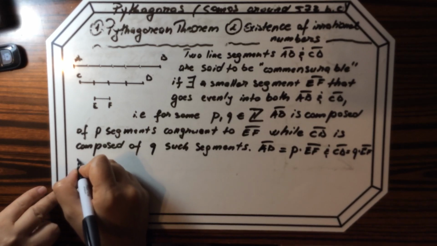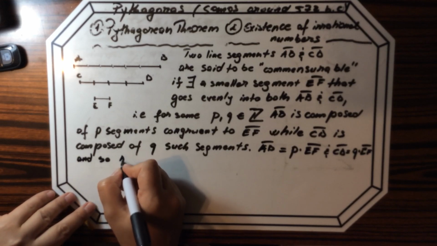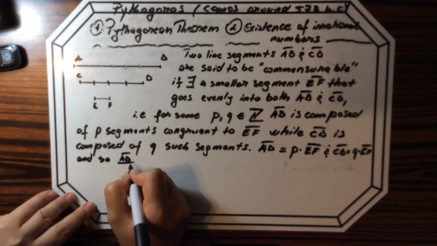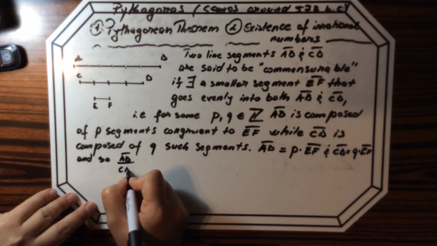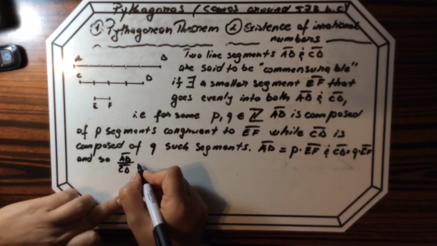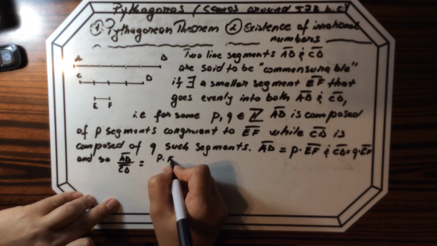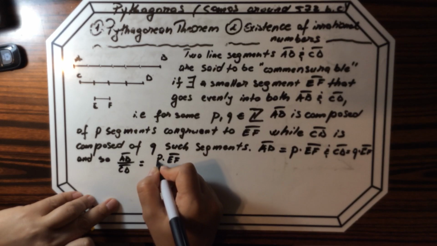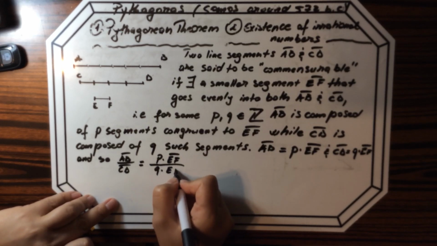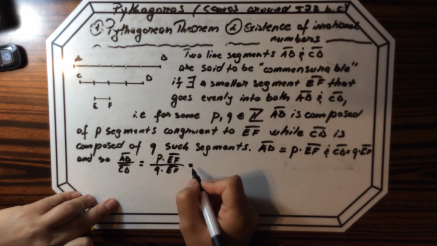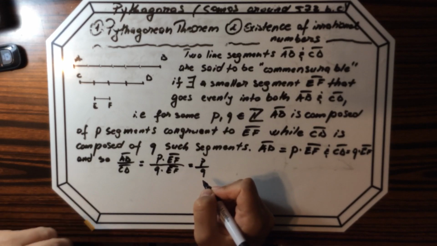And so the magnitude of segment AB over the magnitude of segment CD is equal to P times EF over Q times EF, and that is the same as saying P over Q.